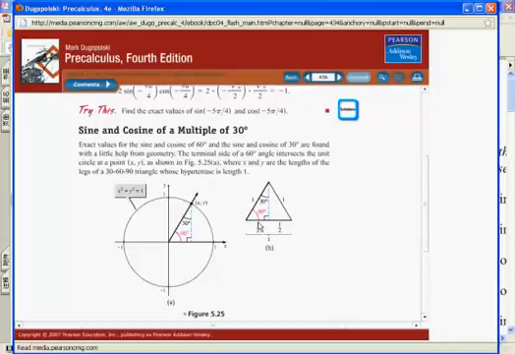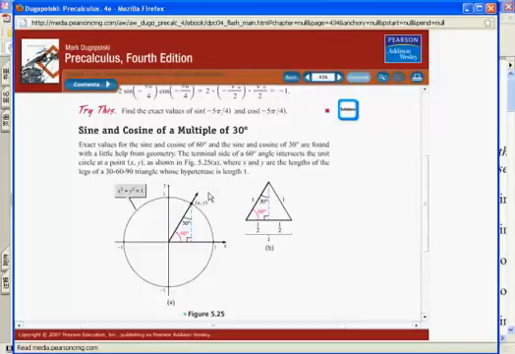So now the length of this leg is half of the side of this equilateral triangle, and we know this equilateral triangle has side length 1 because this hypotenuse is 1. So we know the length of this leg is equal to 1/2.